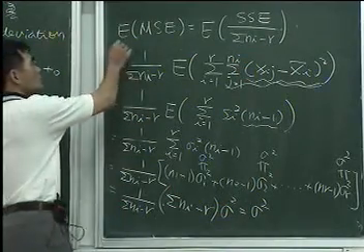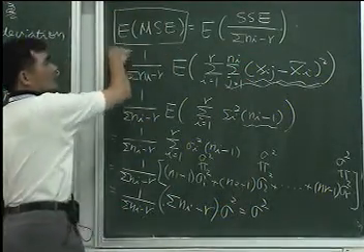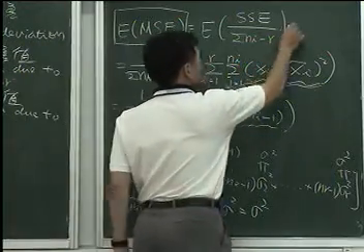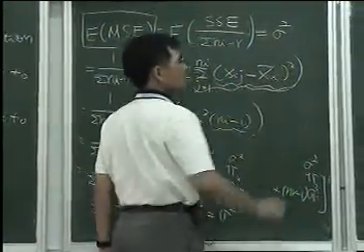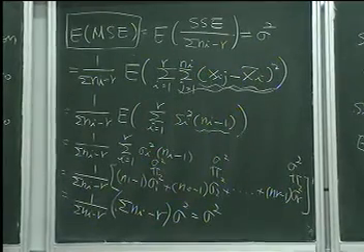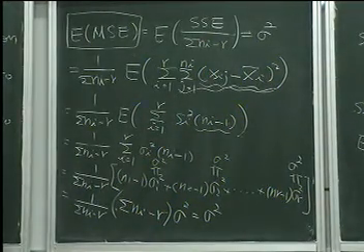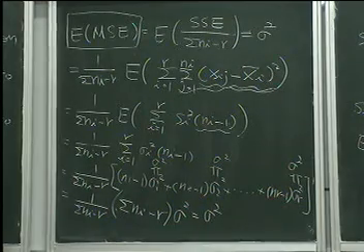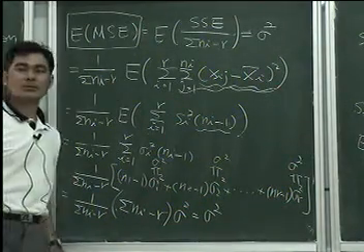So in this case, we prove the expectation of MSE is actually equal to sigma square. From here we know expectation of MSE is actually equal to sigma square. Any questions?